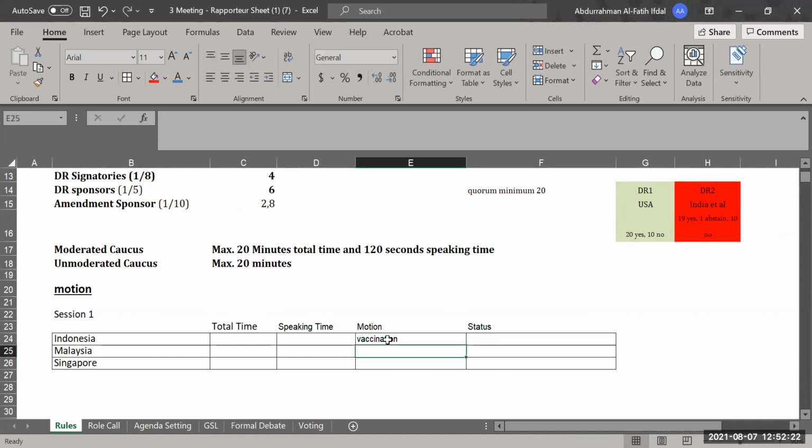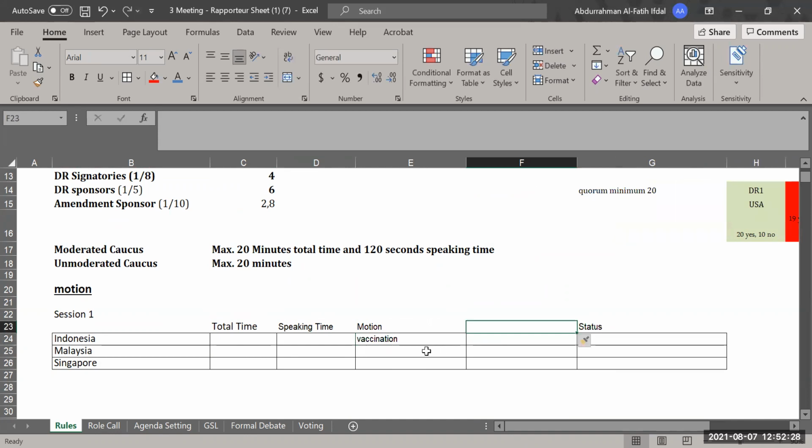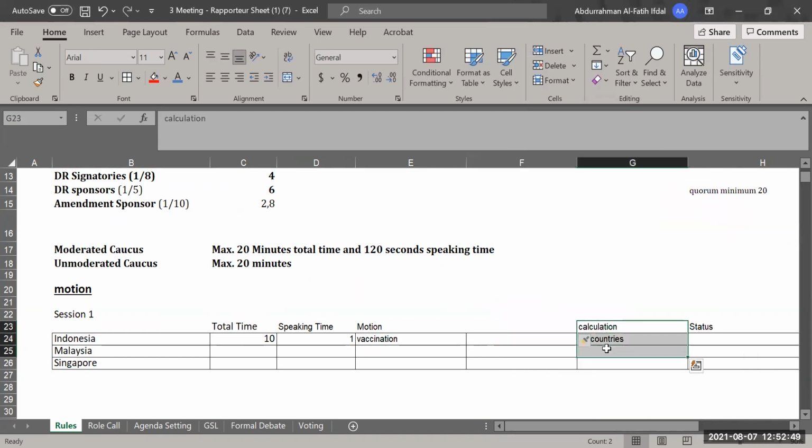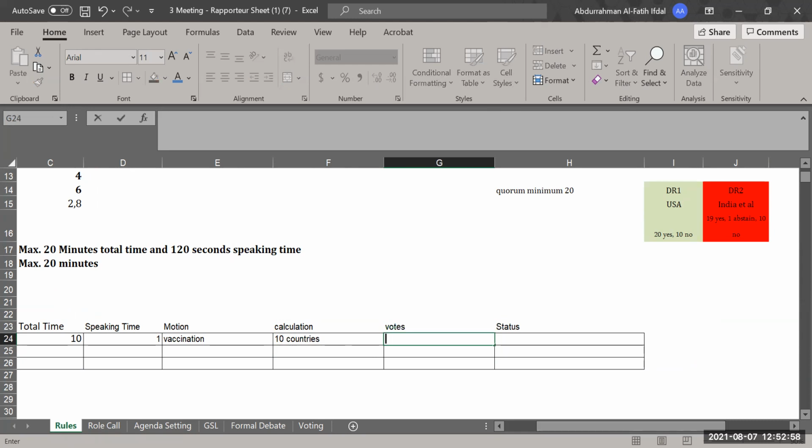When vaccination is decided as Indonesia's motion, Indonesia proposes a total time of 10, with speaking time 1 minute for each delegate. So the calculation is there will be 10 countries, right? I'm just going to add another one here. Now the votes, we're just going to assume it passes.